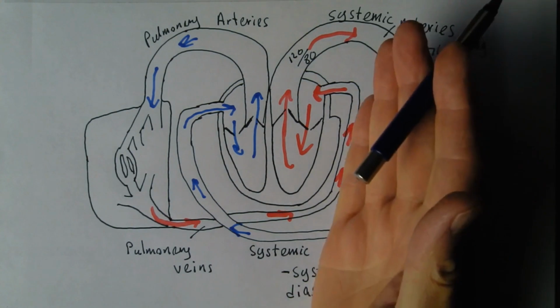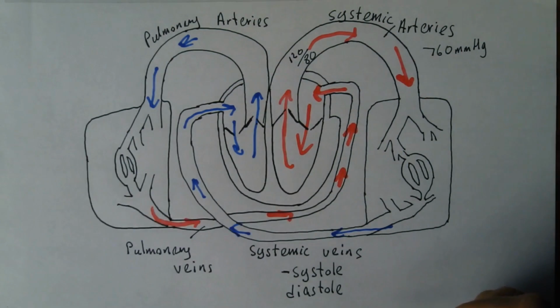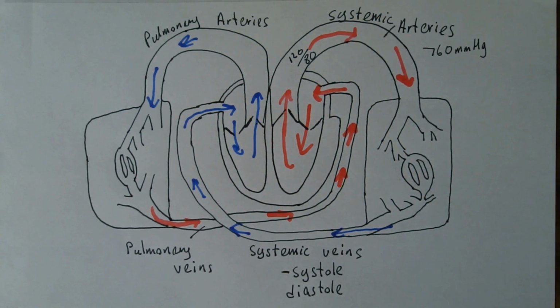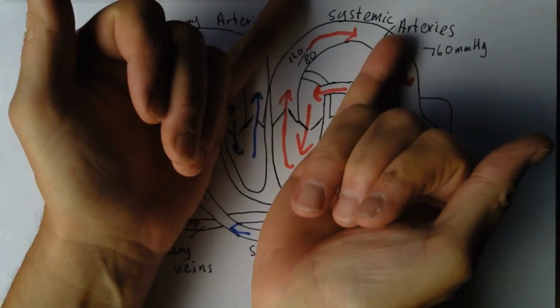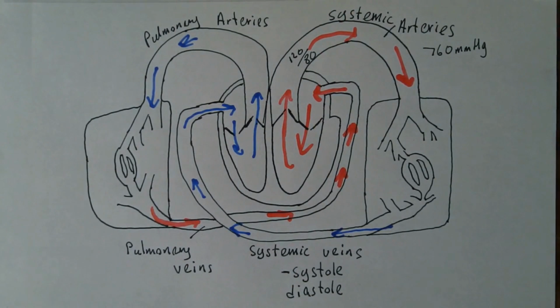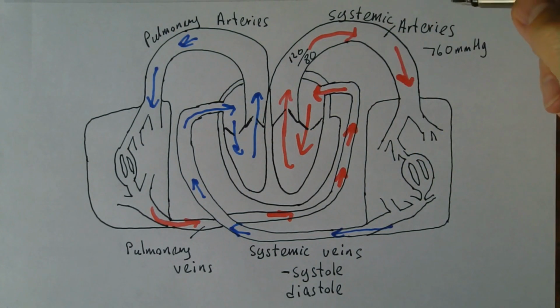Then when the left ventricle finishes contracting, the time when the ventricle is not contracting is ventricular diastole, and the pressure is going to drop. But the pressure is maintained by the elastic recoil of the arteries. So the blood is going to be pushed into the arteries, but then because they're elastic, they're going to spring back, maintaining the diastolic pressure. So 120 systolic, 80 diastolic.